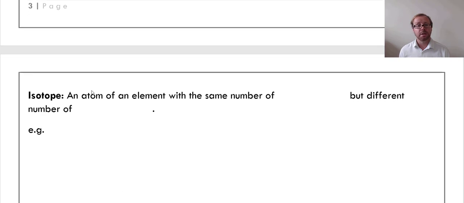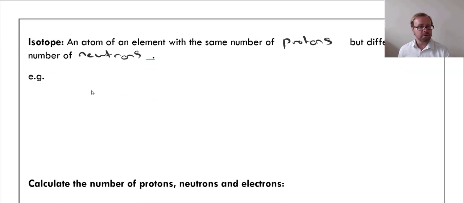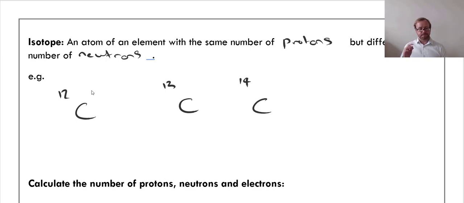Okay, so another definition for you to remember: isotope. So an isotope is an atom of an element with the same number of protons but different number of neutrons. E.g., okay, what shall we use? We'll use carbon 12, carbon 13, carbon 14.